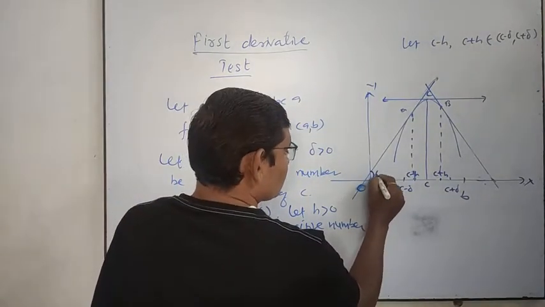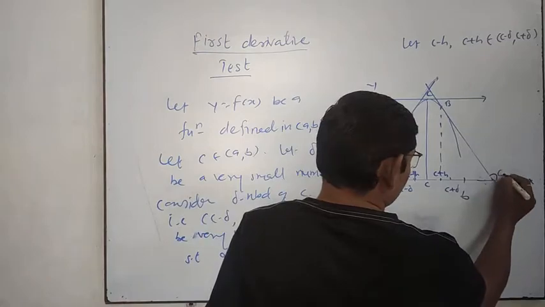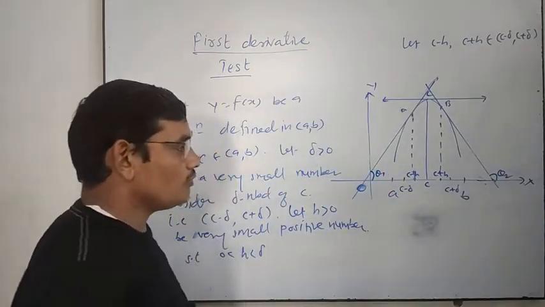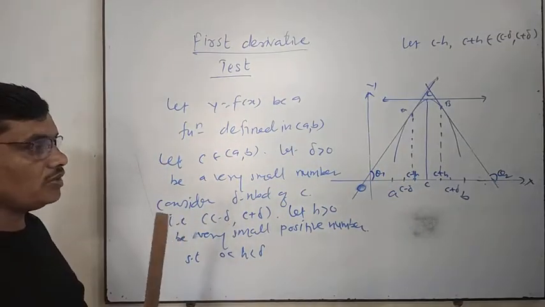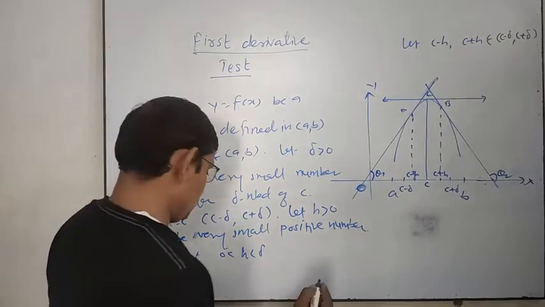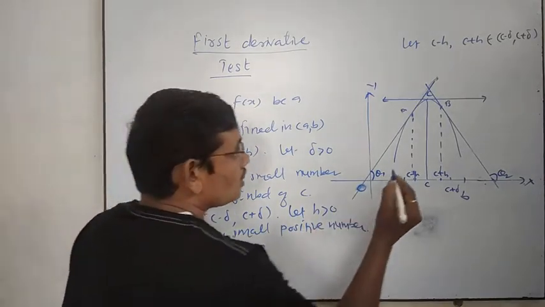Let theta 1 and theta 2 be the inclinations of tangents at point A and B respectively.